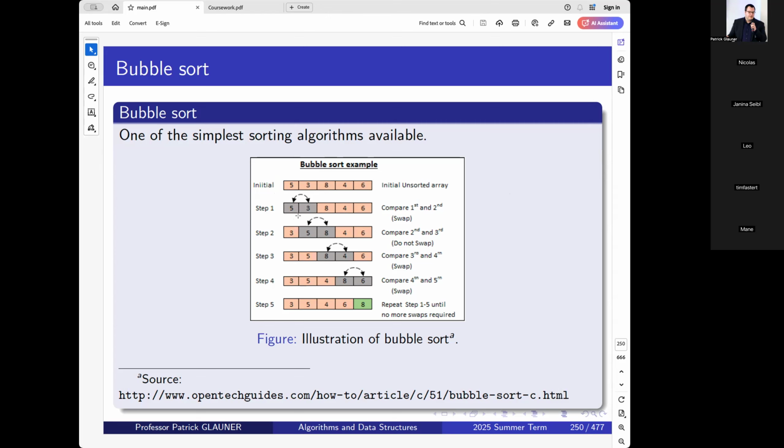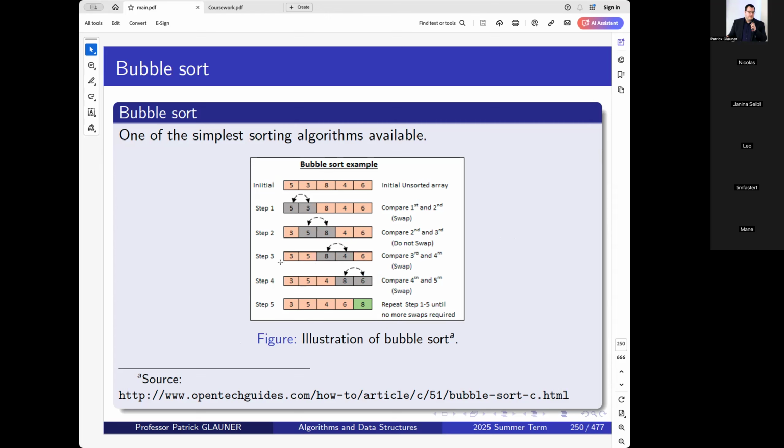swap them. Then we compare the second and the third element, 5 and 8. They are in the right order. Then we look at the third and the fourth element, 8 and 4. They're not sorted, so we swap them, 4 and 8. And then we compare the last two elements, 8 and 6, which are also not sorted, so we swap them.